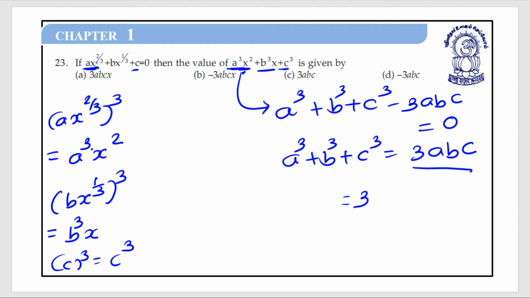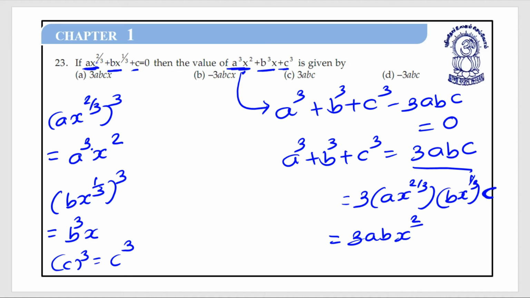A is a x raised to 2 by 3, b is b x raised to 1 by 3 and c is c. So 3ab c, x raised to 2 by 3 times x raised to 1 by 3.